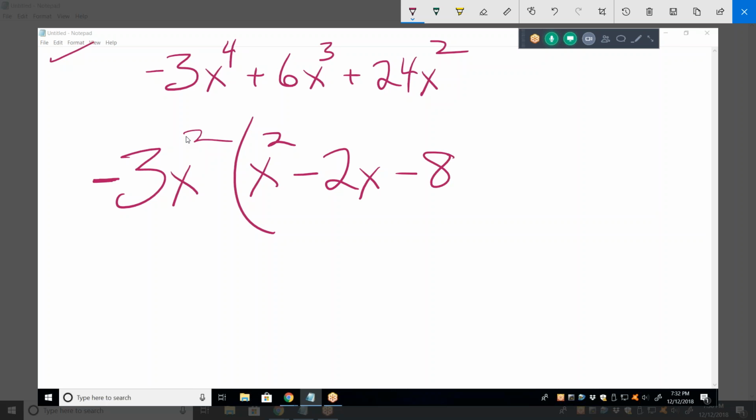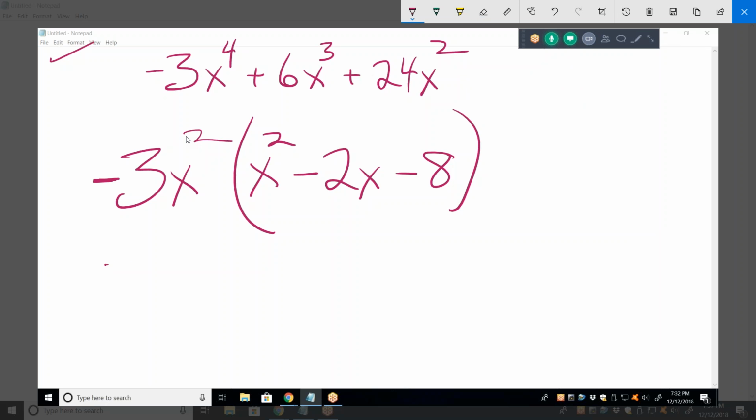Yeah, and see, that's really easy to factor. You try factoring this. It'll drive you nuts. If you're not used to trying to factor where there's a negative coefficient in front of the x squared, it is not any fun. So always get your quadratics in a state that you can go further.